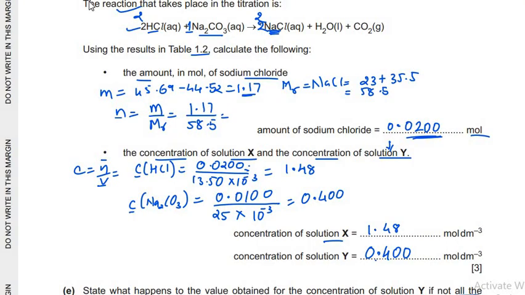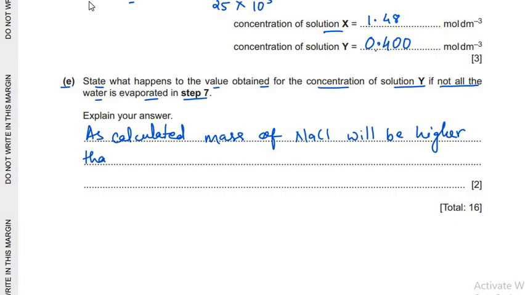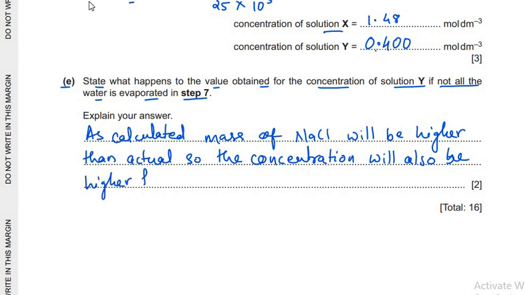So we are going to write the same explanation, that the calculated mass of NaCl, that is sodium chloride, will be higher than actual, so the concentration will also be higher for solution Y. The same applies to solution X also, because if the moles of NaCl calculated are higher, then the moles of HCl and sodium carbonate will also be higher, and that's why the concentration calculated will also be higher.